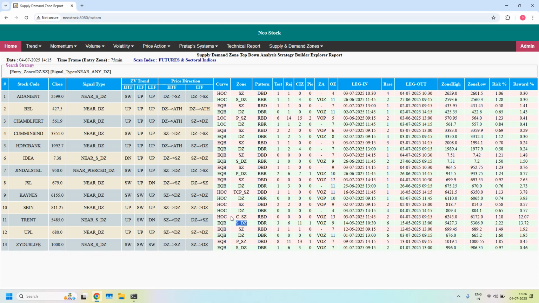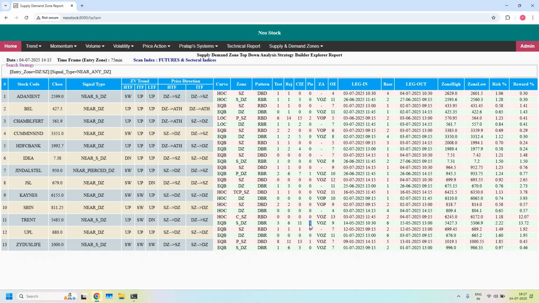See, it is having 75 minutes high liquidity supply zone, but we are not considering. The reason is the distance is very far, 13% distance. That's why our focus is only on the high liquidity demand zone, even though it is having both zones as high liquidity zones. But Trent is not a valid zone.